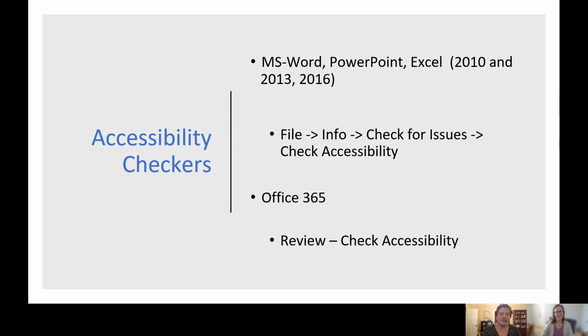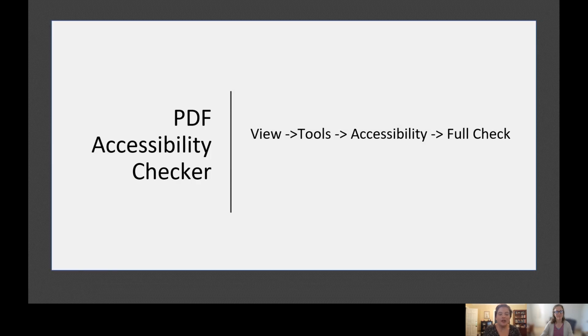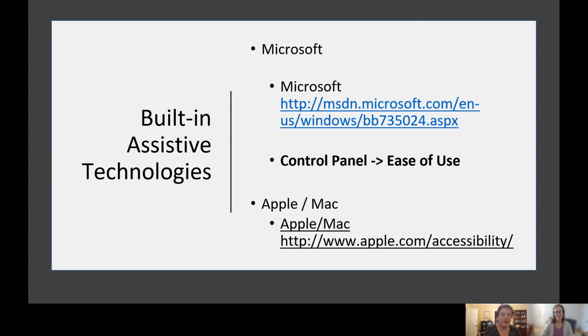So we have here just some more detail about where to access the accessibility checkers. And then also a PDF accessibility checker if you're also uploading a PDF of your documents.